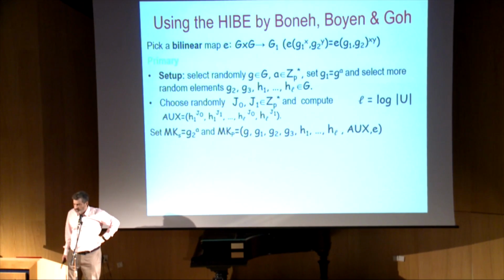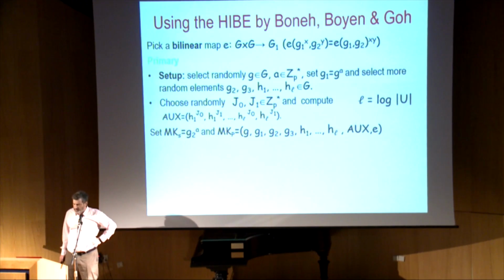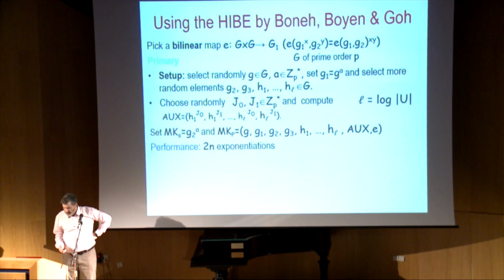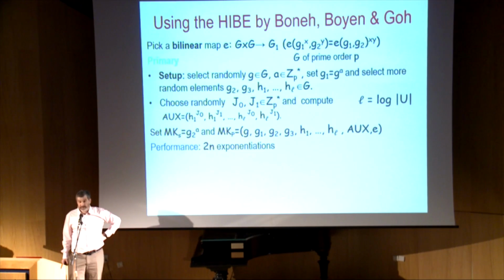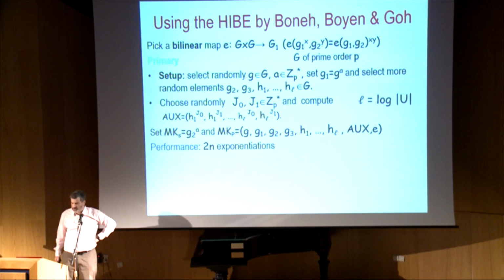Basically, in the setup, you select a lot of random elements. The public key contains L elements, where L is the depth of the tree, and the secret key is the corresponding exponents. To generate it, you really need 2L exponentiations. That's to generate the key.